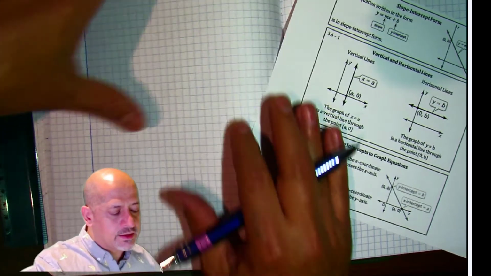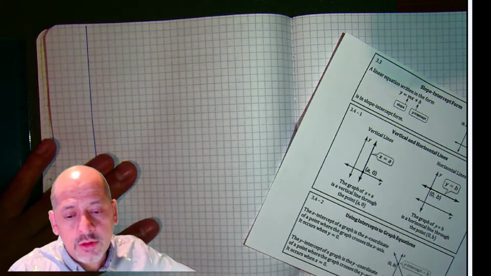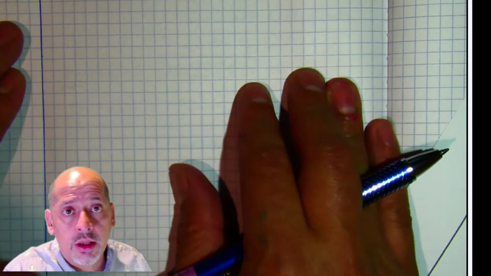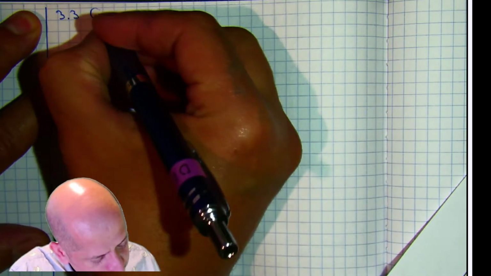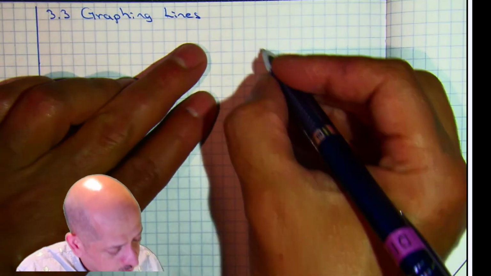Now, the title for this section is 3.3, graphing lines in slope-intercept form. And you've seen this before. You saw this last year, so this should be all a quick refresher on graphing lines. 3.3, graphing lines in slope-intercept form.